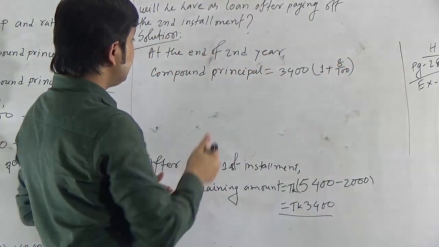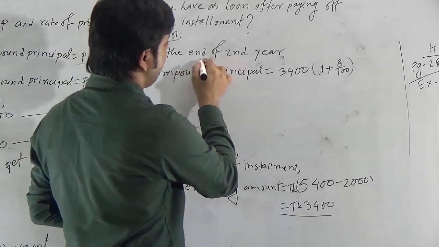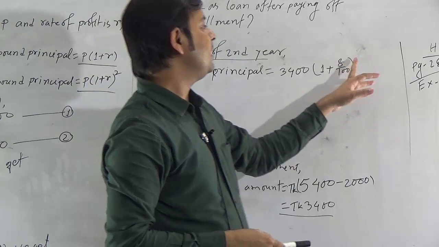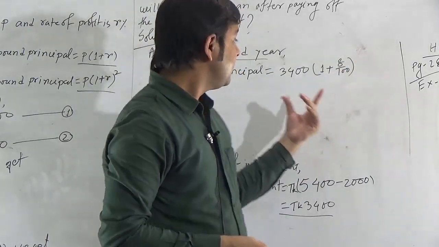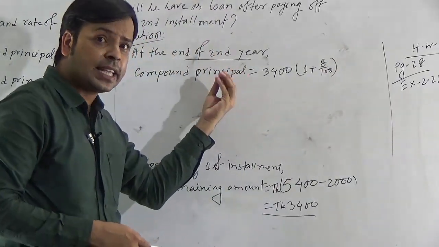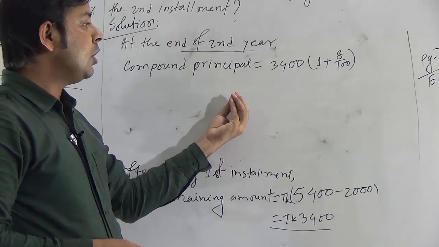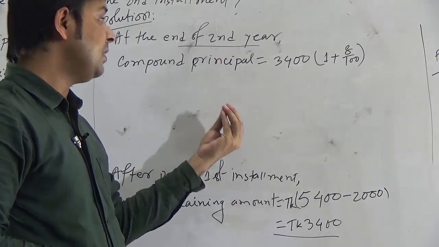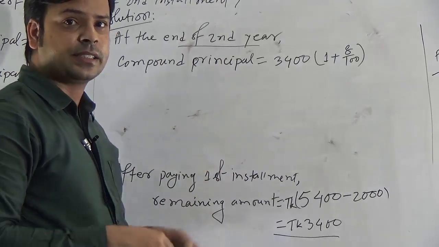Here I have written at the end of the second year, but I didn't write any number 2 here. As this is the second year, only the second year you have to consider here, not 2 years, only the second year. Second year means only 1 year.